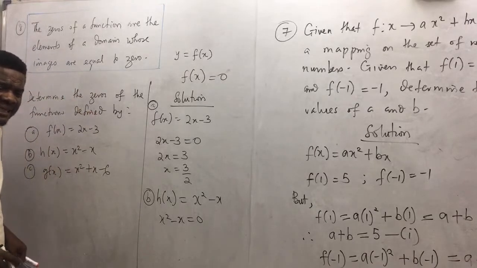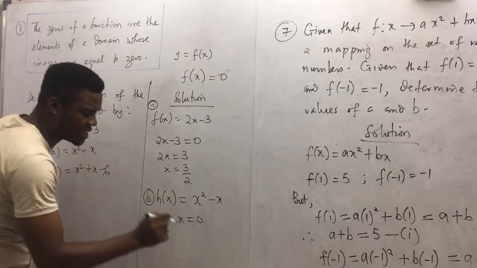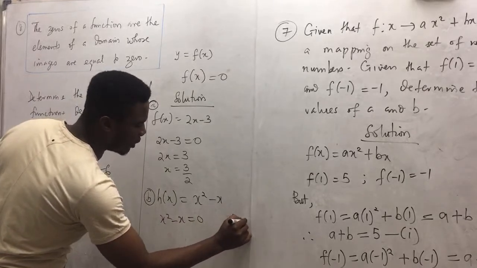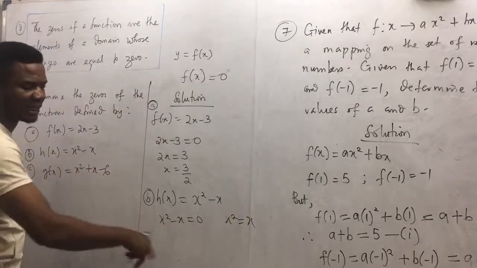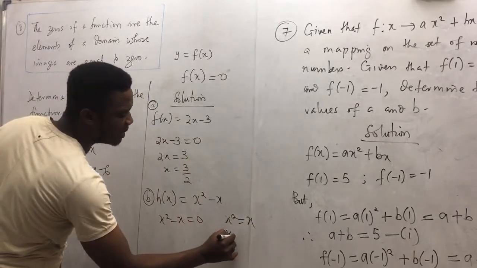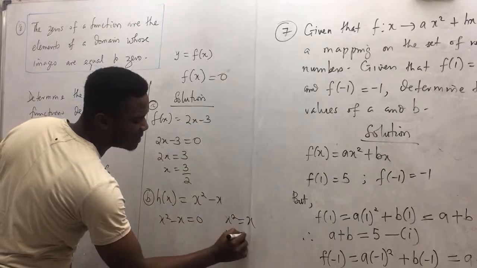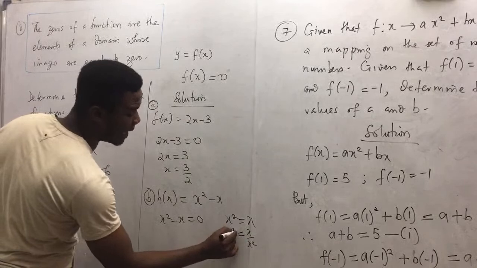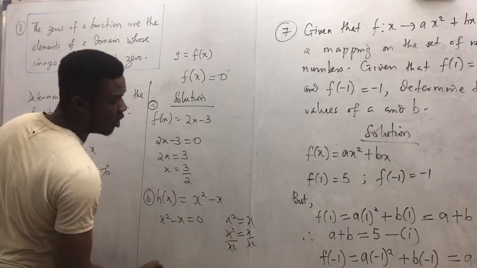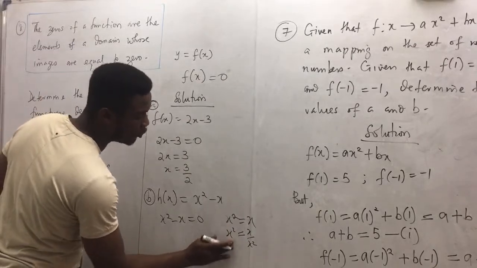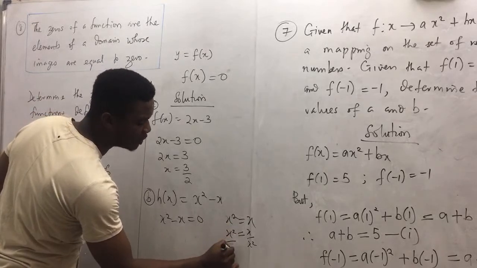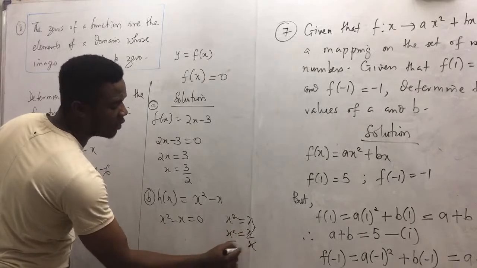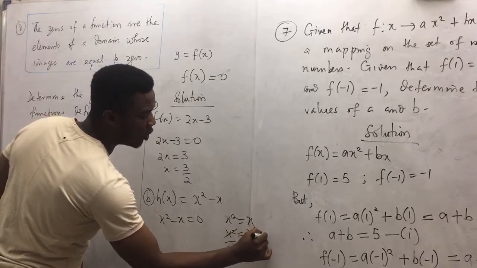Some of you may get excited and solve this problem in this manner. Some of you would go about it by equating x squared to x, taking x to the other side and then dividing through by x to get x equals 1.